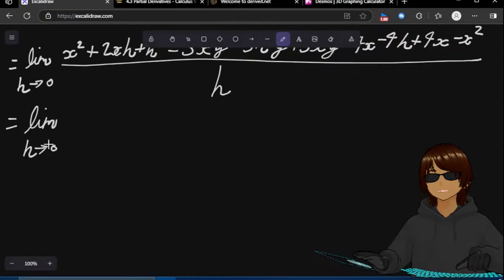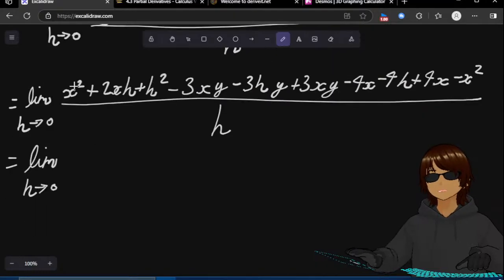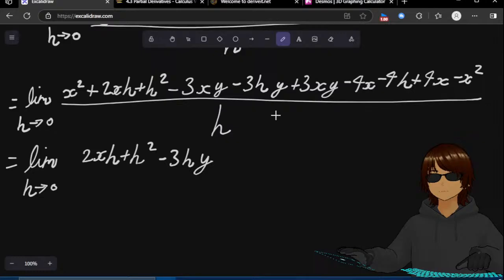So let's see which ones cancel out. This and this cancel out. So we are left with 2xh plus h squared. This and this cancel out. Four x will cancel out.